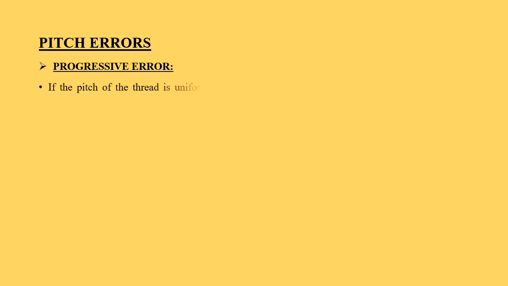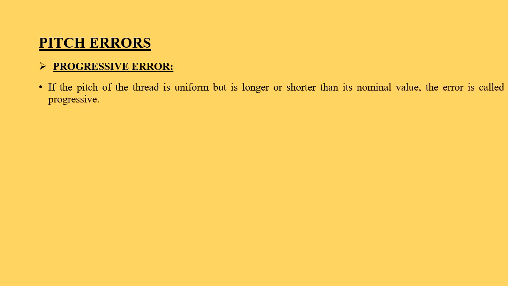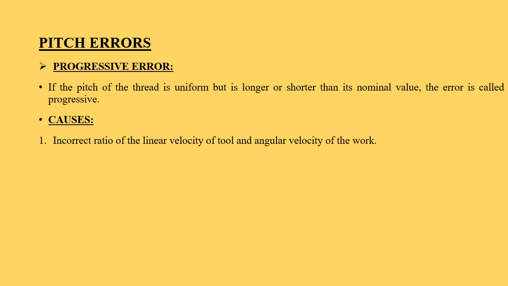Progressive error is one type of pitch error where the pitch of the thread is uniform but is longer or shorter than the nominal value. This type of error may be caused by an incorrect ratio of linear velocity of the tool and the angular velocity of the work.